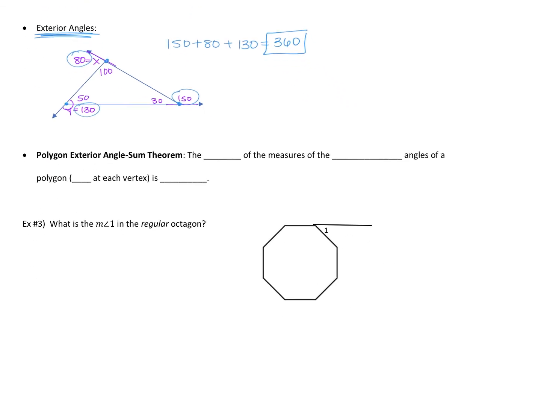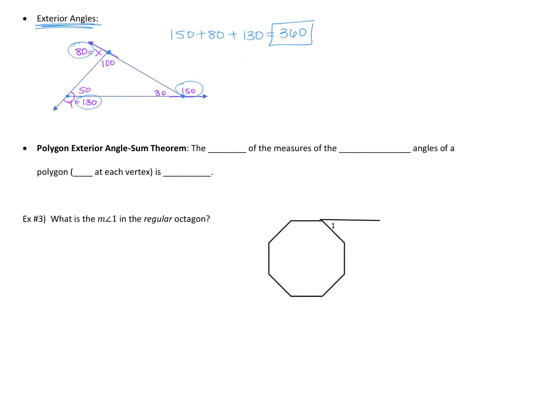Isn't that beautiful? I love it. So here's what it says. The Polygon Exterior Angle Sum theorem says the sum of the measures of the exterior angles of a polygon, that's if we have one exterior angle at each vertex, one per vertex, is always going to be 360.